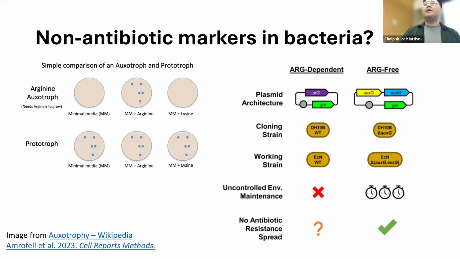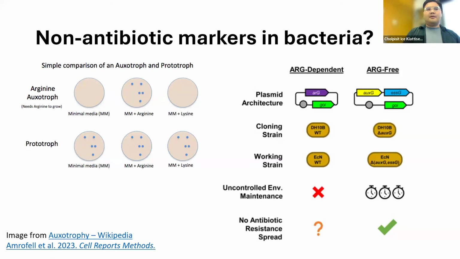relatively recent work from Tae Seok Moon's group, where they make this antibiotic resistance gene-free plasmid by engineering E. coli so that they lack some essential genes, and introduce the essential genes into the plasmid instead. This is similar to the auxotrophic system, but it hasn't been done a lot in the past for bacteria.